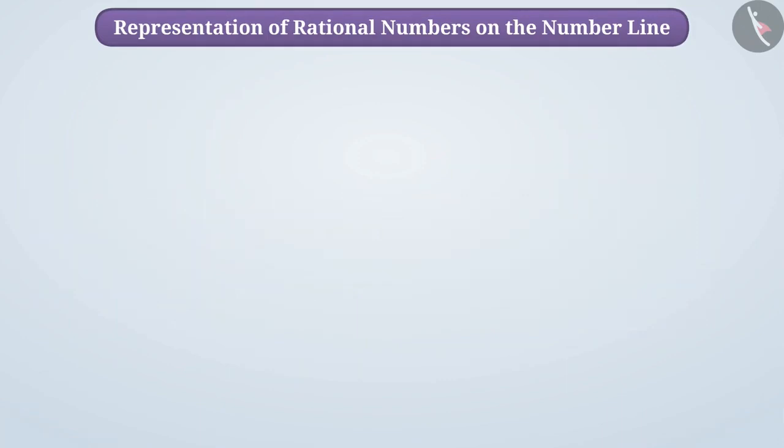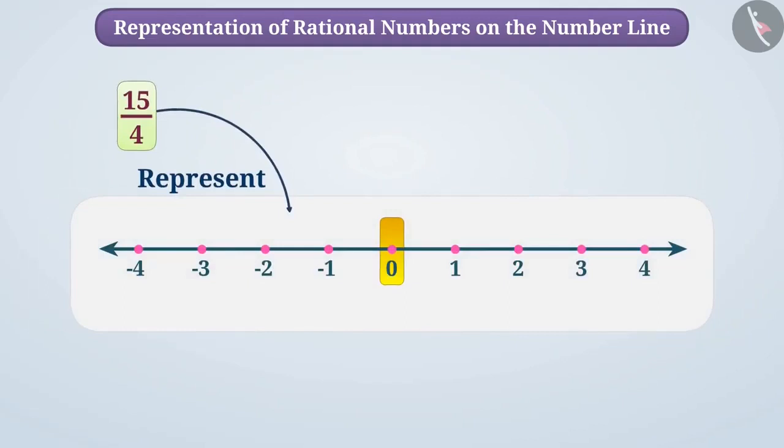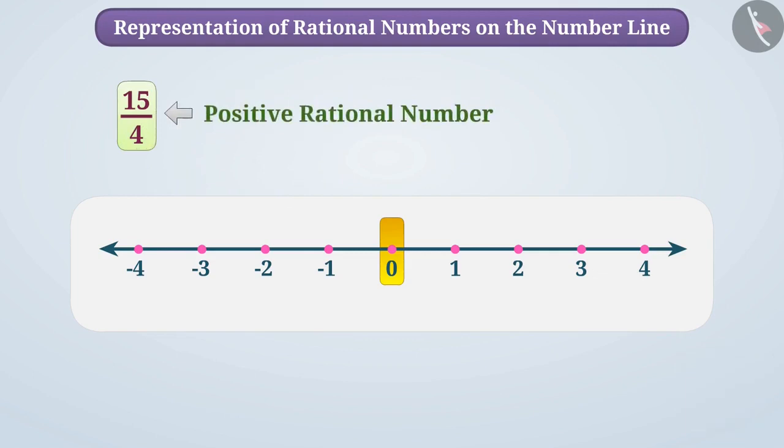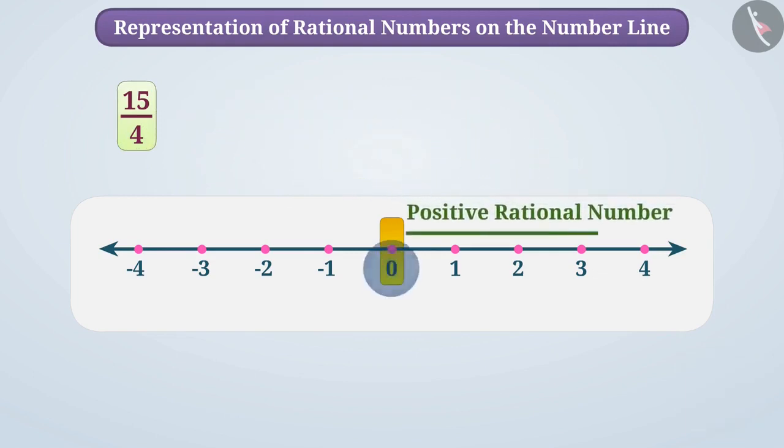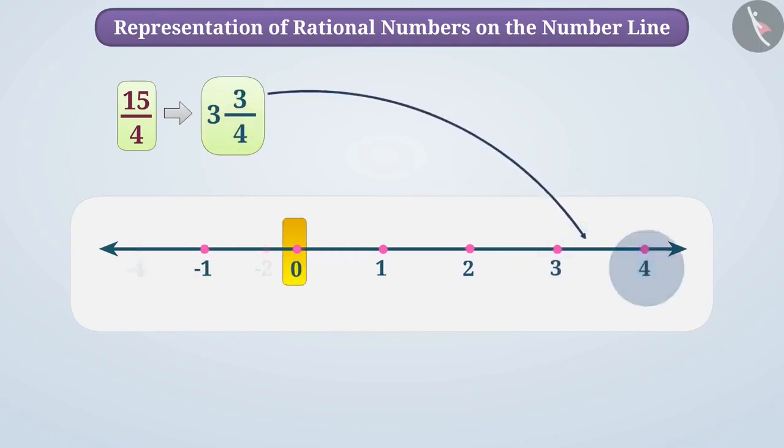Now, will you be able to represent 15 by 4 on the number line? Pause the video and try it. Let me tell you, 15 by 4 is a positive rational number, so it is to the right of 0. We can write 15 by 4 as 3 and 3 by 4. This shows us that this rational number is between 3 and 4.